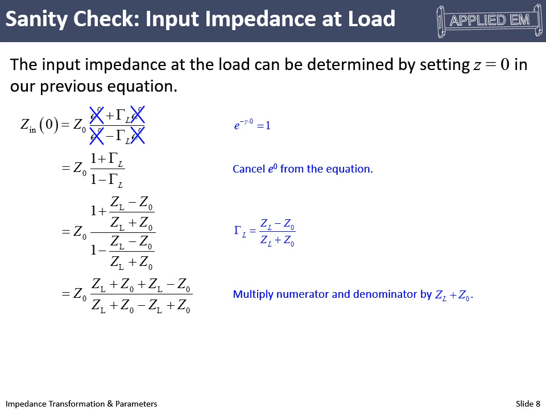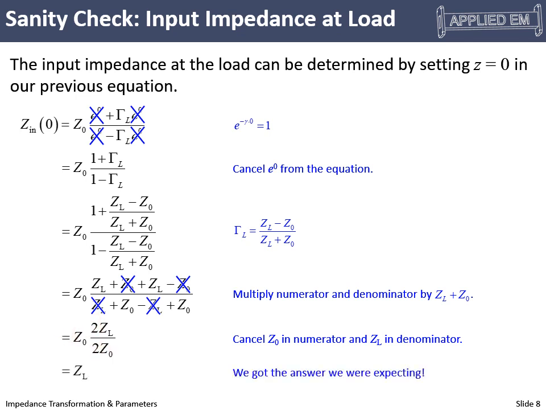At this point, we see in the numerator we have a Z0 minus a Z0, so we can cancel that. And in the denominator, we have a ZL minus a ZL. So we can cancel those and collect the other terms, and we end up with something much simpler. And now these 2's cancel and the Z0's cancel, and our input impedance sitting at the load is the load impedance. That's what we're expecting to see.